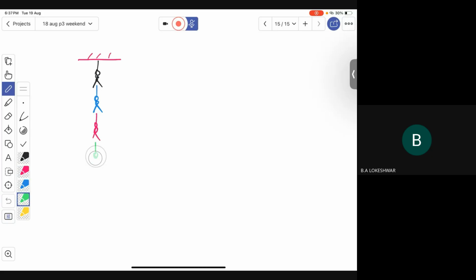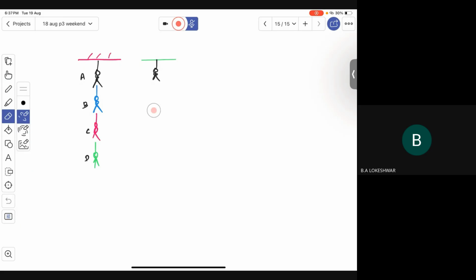Maybe I've got this green guy. So tell me, all of you can imagine how the forces are going to be between each of the persons. Suppose A, B, C, D. So tell me how the forces are going to be between B and C. You can imagine, and A and B, and C and D. All of you can imagine that.